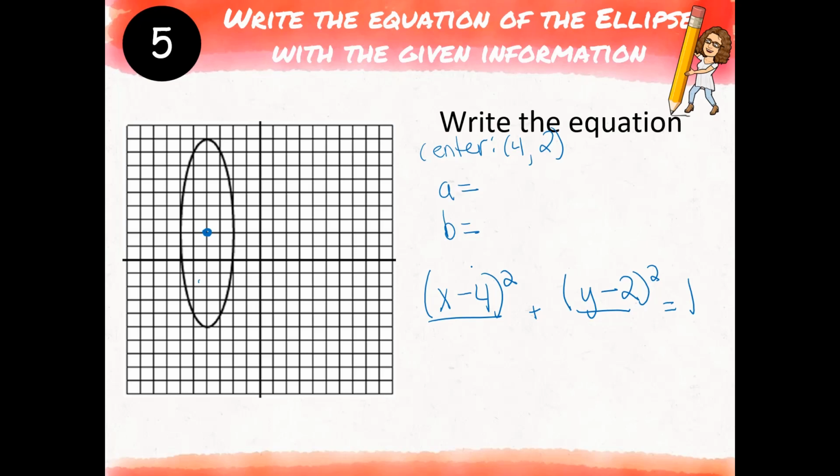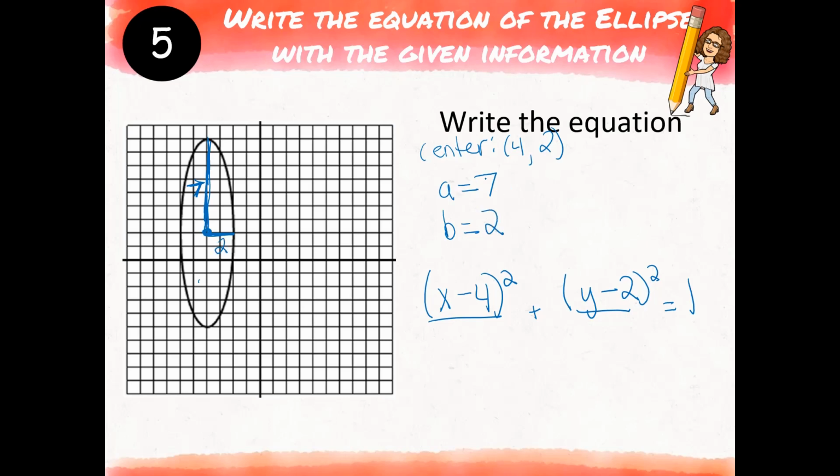So that means my A value has to go under the Y. So I need to find out how far is this value right here. 1, 2, 3, 4, 5, 6, 7. So A is 7. My B value, aka how far is it to a covertex, is 2.